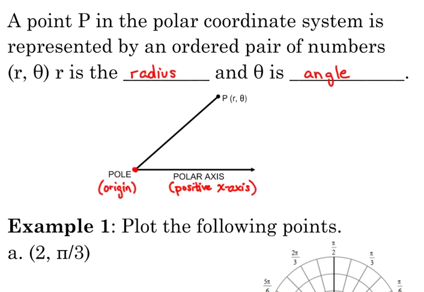Our angles will always be measured from that polar axis, which you can consider equivalent to the positive x-axis. So when you've got theta right here, r is the length of that segment. And so your point out here corresponds to that length and that angle.